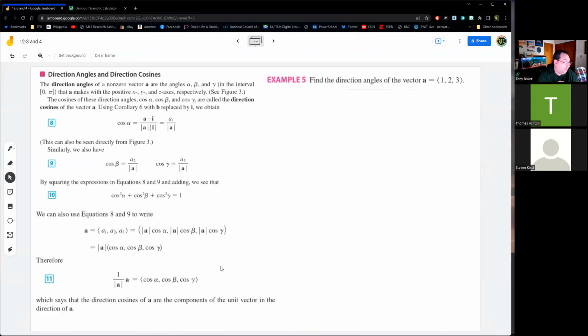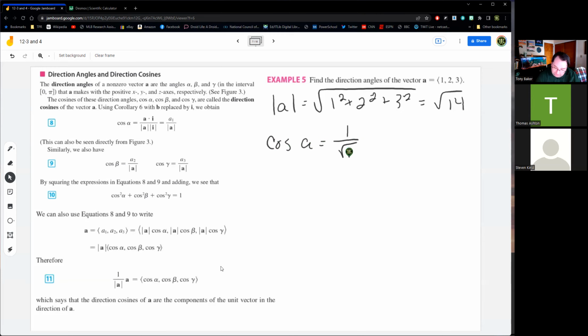So if we're looking for the directional angles of this vector, 1, 2, 3, the first thing I need to do is find the length of this. So I've got the square root of 1 squared plus 2 squared plus 3 squared, which equals the square root of 14. Then the cosine of A is going to be 1 over the square root of 14.